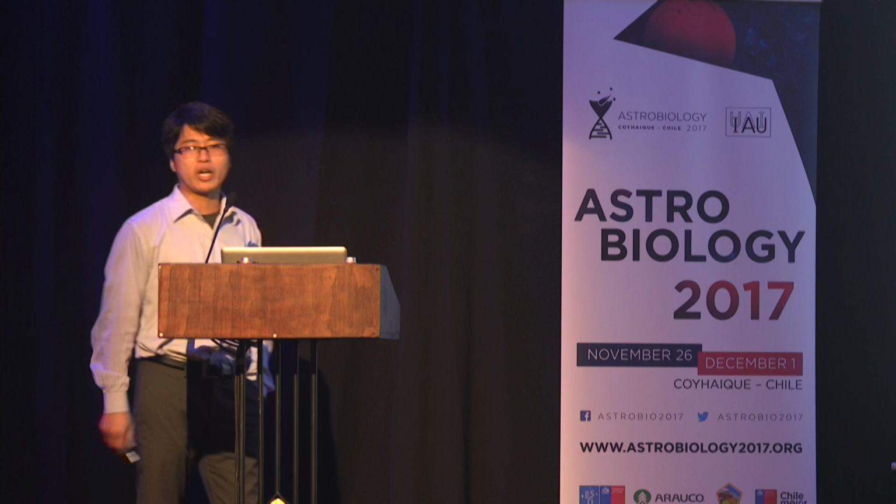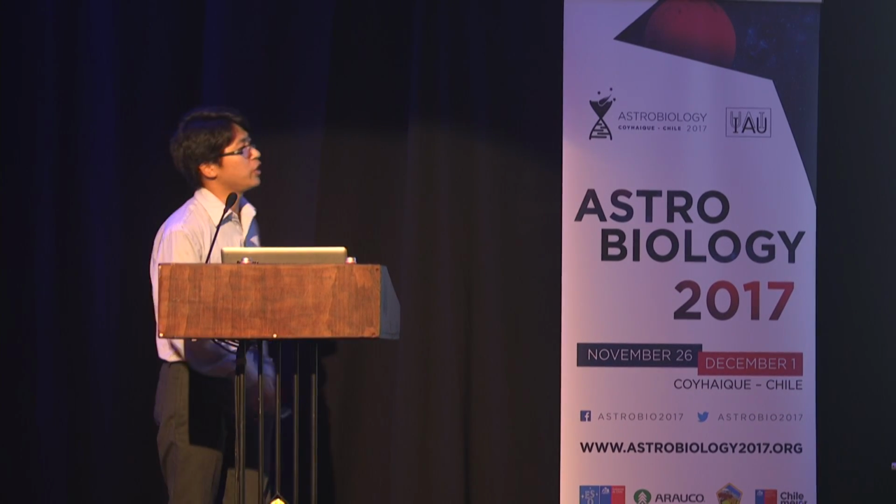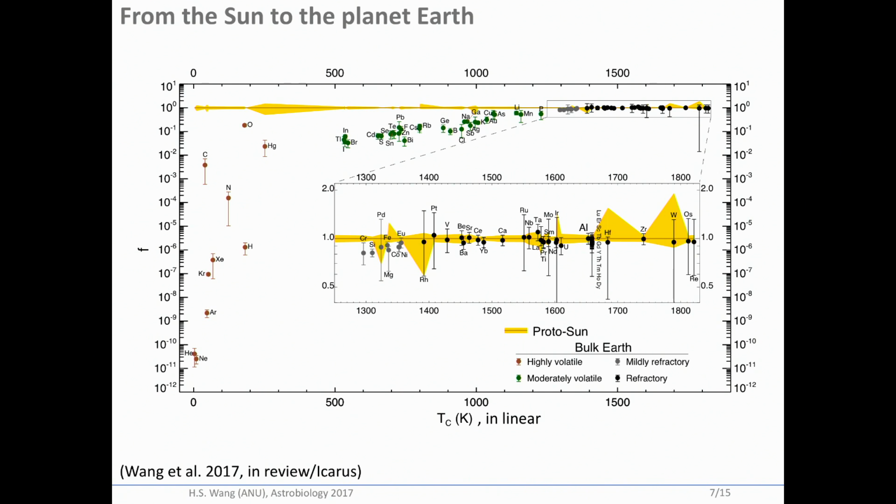Now that we have our best estimates for planet Earth and the protosun, we can plot them together and investigate their possible compositional relation. For example, from the zoom-in part, these refractory elements have abundances essentially identical between the terrestrial planet and the protosun.